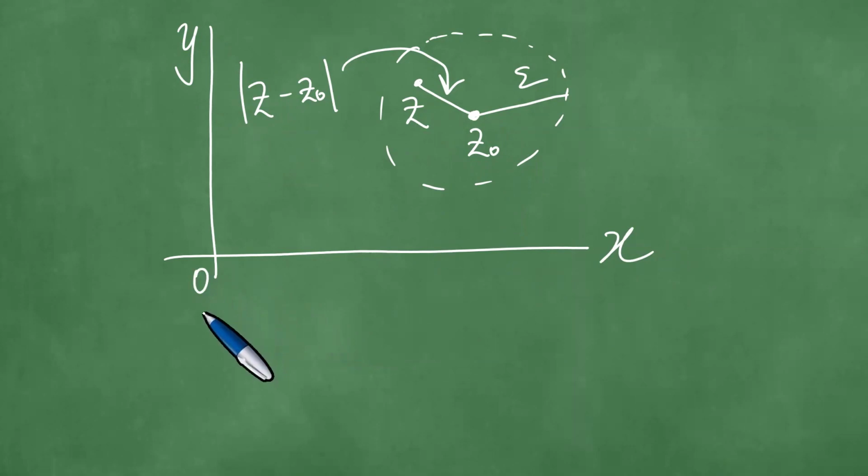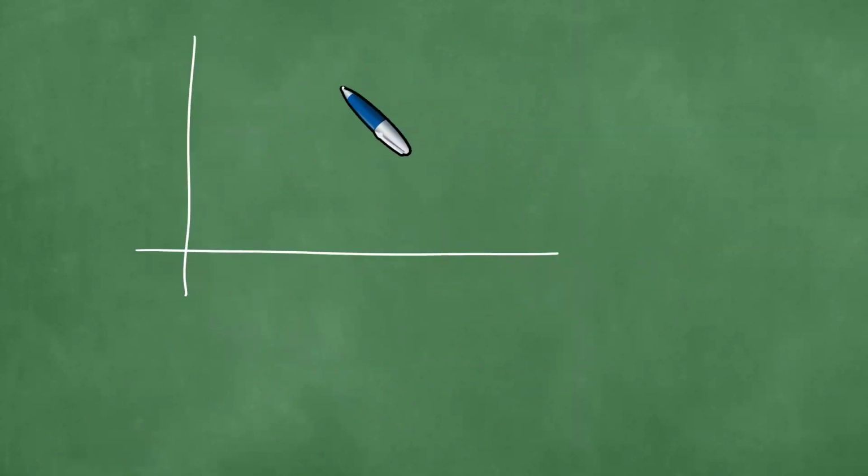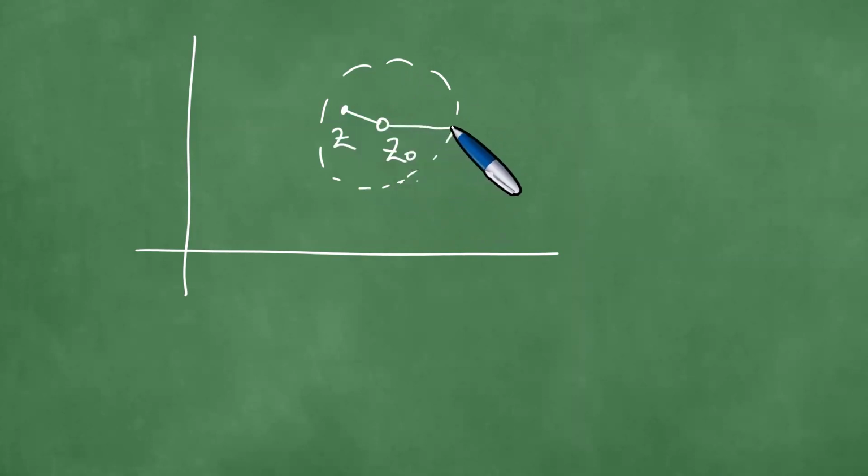Now, the idea of the deleted neighborhood is that the point Z0 itself is out of the picture. So you can look at things differently. You have the point Z0 and a point Z, and you have the epsilon here.